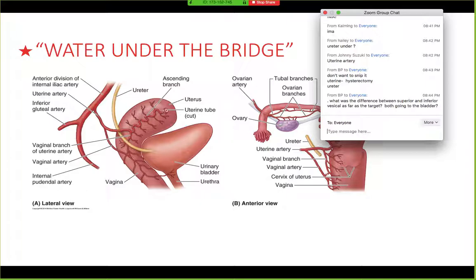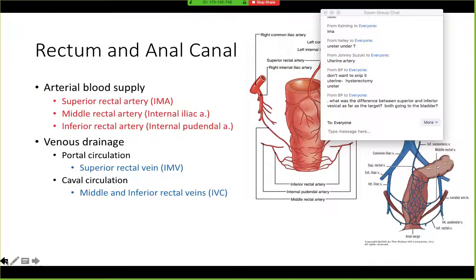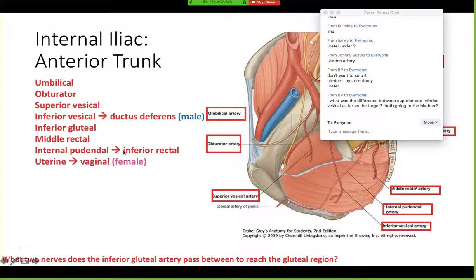Typically, they associate the inferior vesical artery with the male because a lot of times there's a branch coming off of it supplying the ductus deferens. So, like she mentioned in class, it doesn't necessarily mean that a female won't have an inferior vesical artery. It's that we usually talk about it in the male.